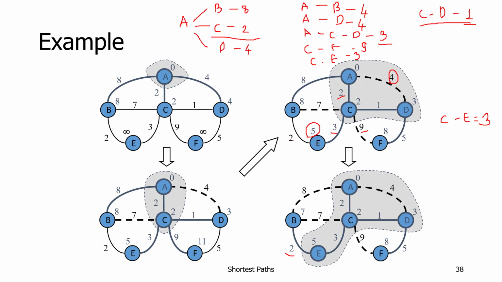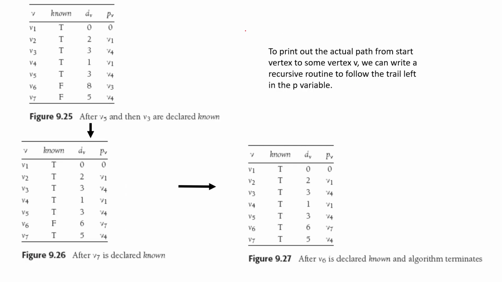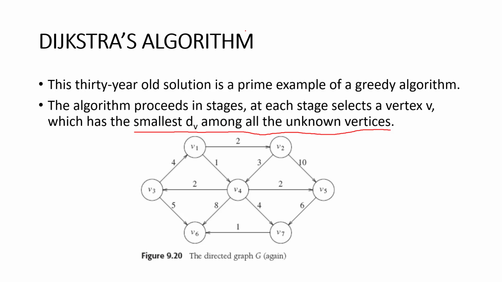If you remember, the very first thing we did was start from A, see all the possible vertices where A is connected by edges, and then pick the minimum one. This is called a greedy algorithm, where without thinking much we always pick either the minimum or the maximum, depending upon our requirement. So this is one example of a greedy algorithm.